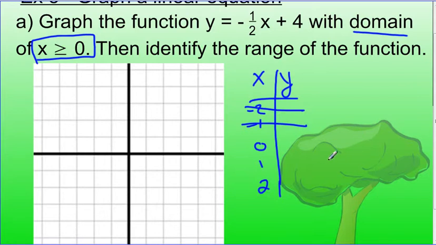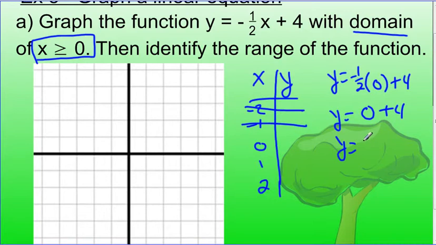Okay. So now we're going to take this function. We're going to plug in 0 for x. So y equals -1/2 times 0 plus 4. Well, 1/2 times 0 is 0. 0 plus 4 is 4.